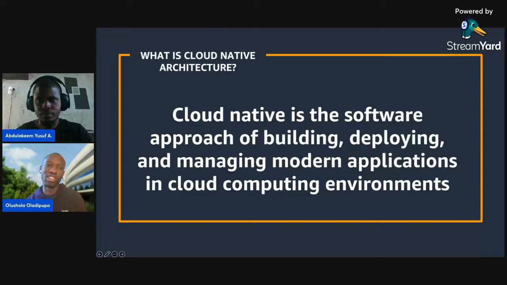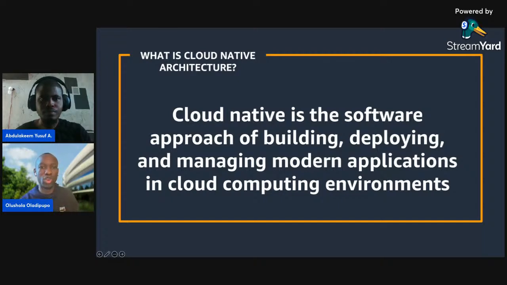So now, what is cloud native architecture? Cloud native computing basically uses the cloud delivery model to build and run your scalable applications in a modern and dynamic environment, such as public, private, and hybrid clouds.